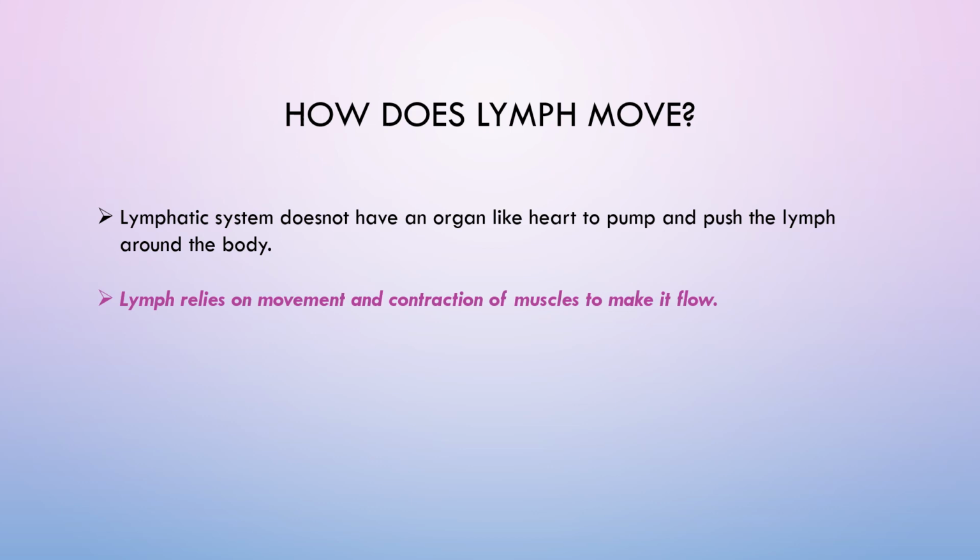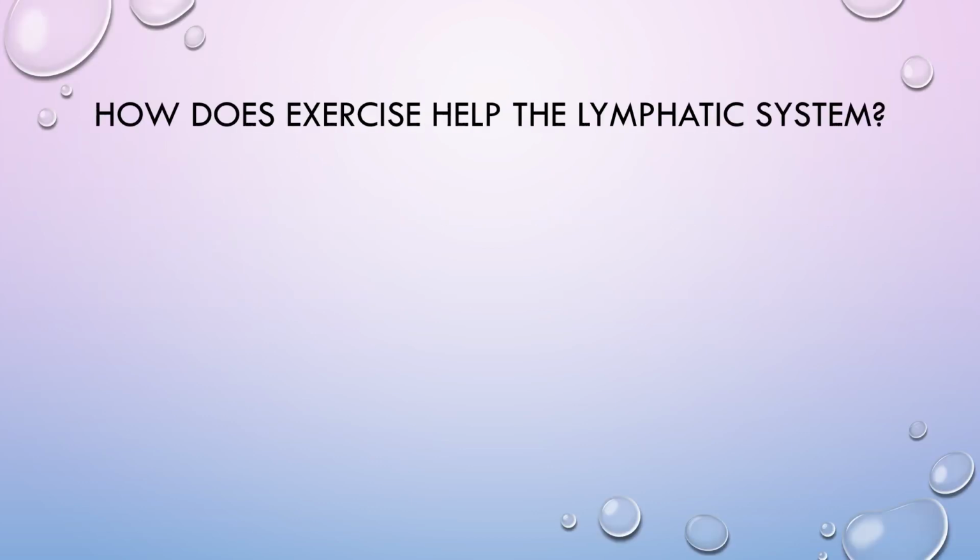Lymph basically relies on the contraction and relaxation of the muscles close to the lymph capillaries or the lymph vessels, and that helps the lymph to flow. So now that we have a fair idea about the lymphatic system, let's see how exercise helps to keep the lymphatic system functioning well.